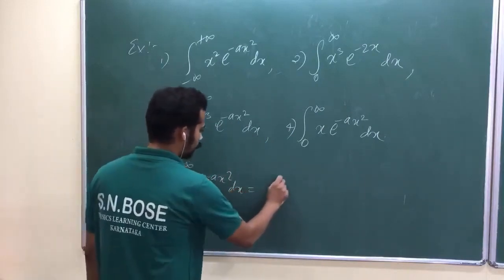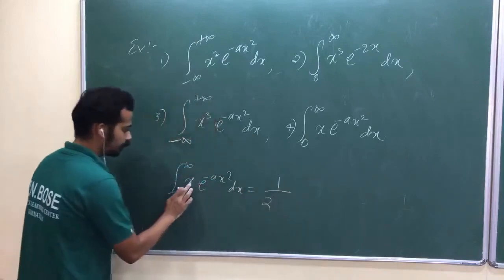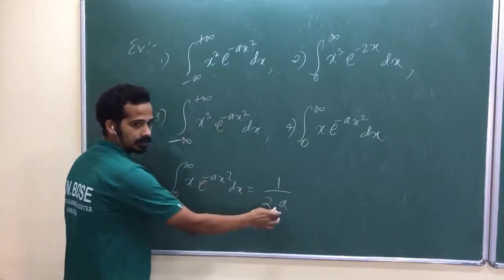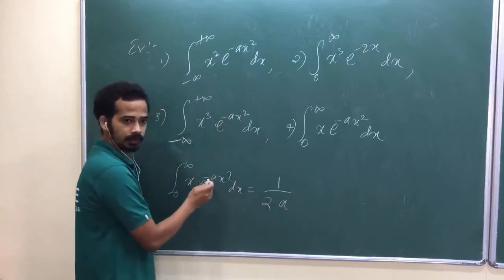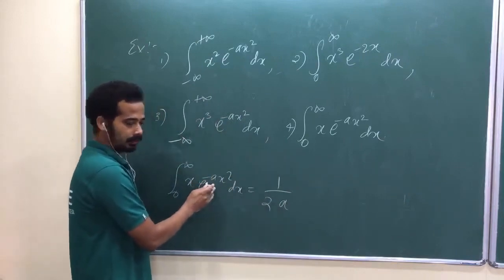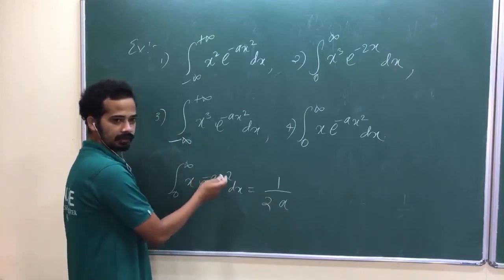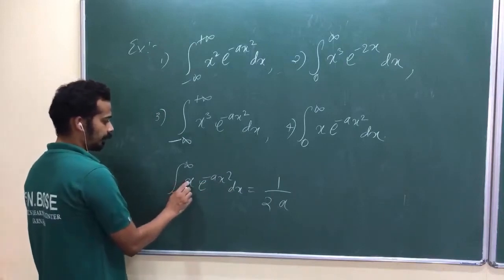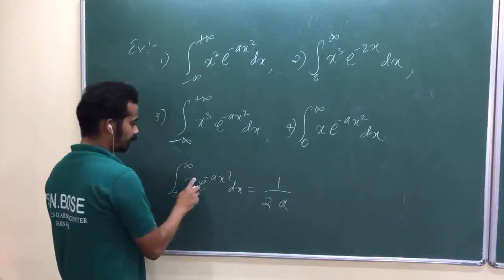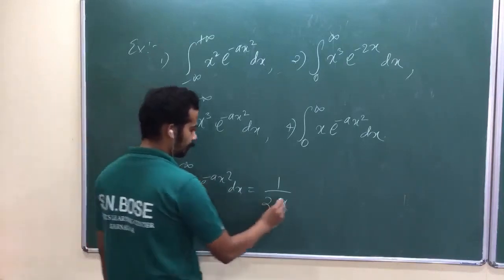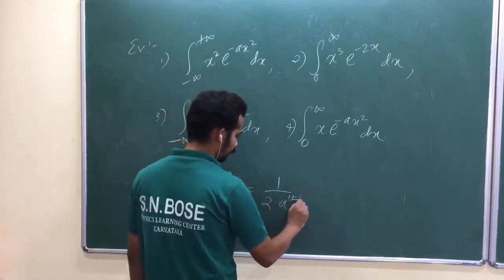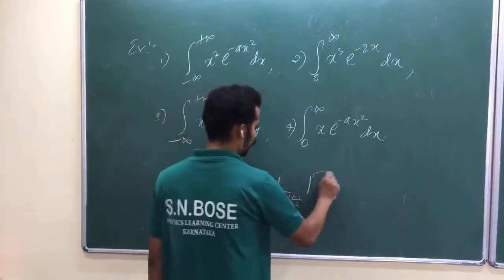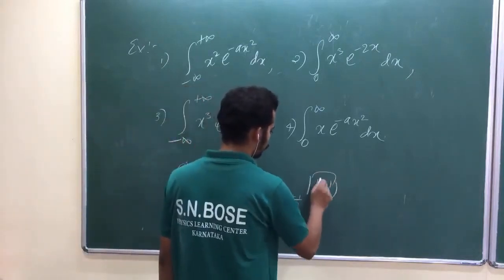dx. What is this one? 1 by 2 into a power, whatever the quantity here, I have taken it as a. Later some other quantity will come here, some pi h bar like that, in case of quantum mechanics. 1 by 2 into a power, n equal to 1 here, gamma of 1 plus 1 by 2.